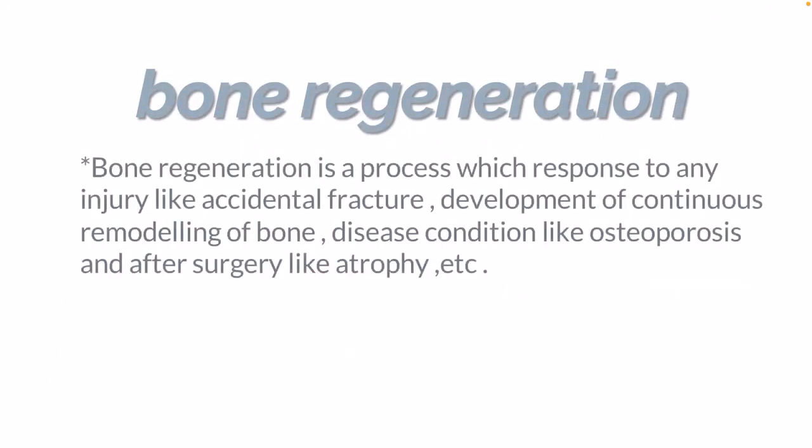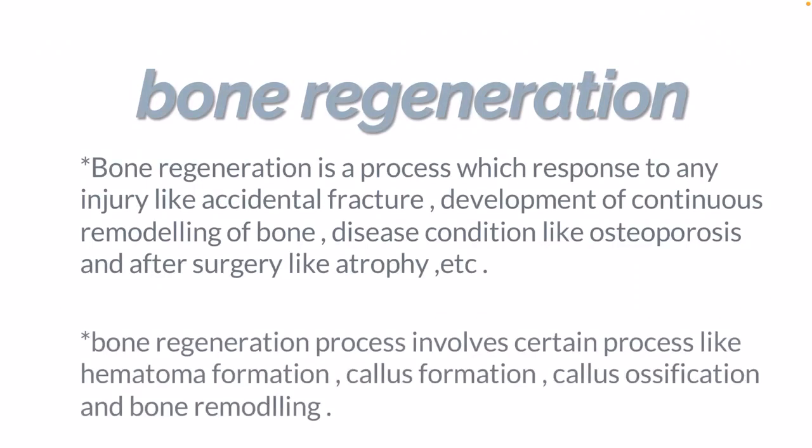Bone regeneration. Bone regeneration is a process which responds to any injury like accidental fracture, development of continuous remodeling of the bone, disease like osteoporosis, and after surgery like atrophy.